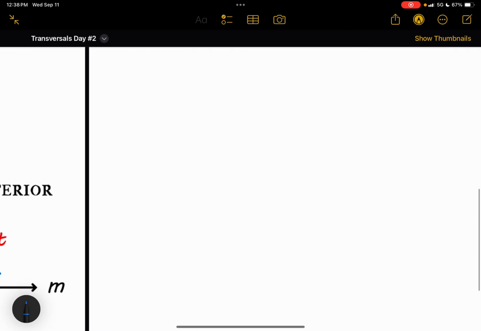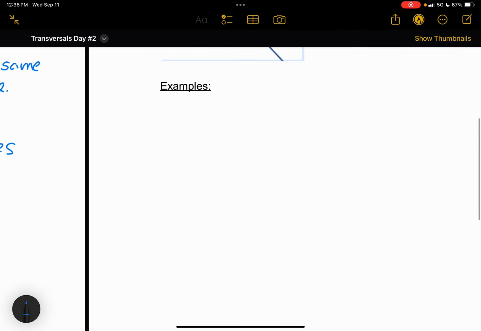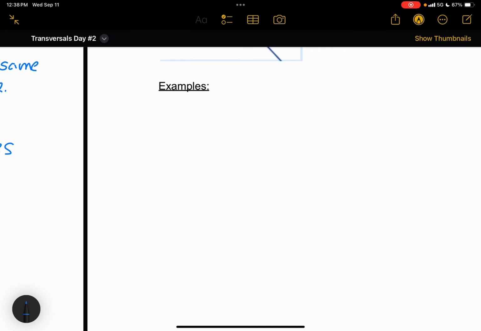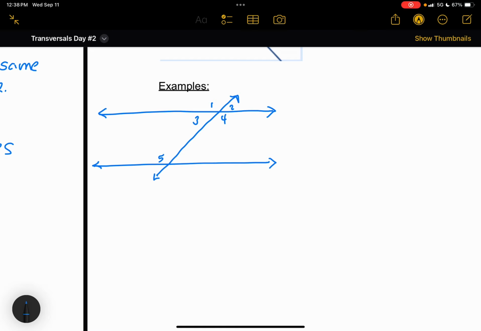We're going to draw this out like we did with the other ones so that we can see things more clearly. So if I have that line, and let's throw a transversal on there. We'll come through with our transversal. So if this is angle 1, 2, 3, 4, 5, 6, 7, 8.